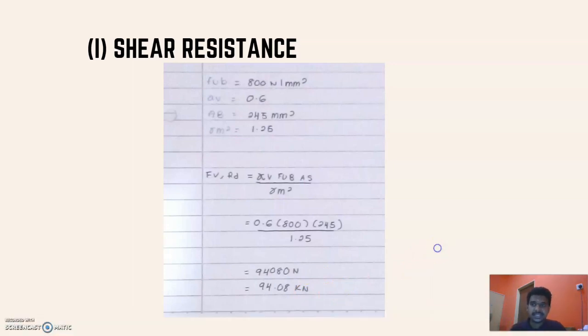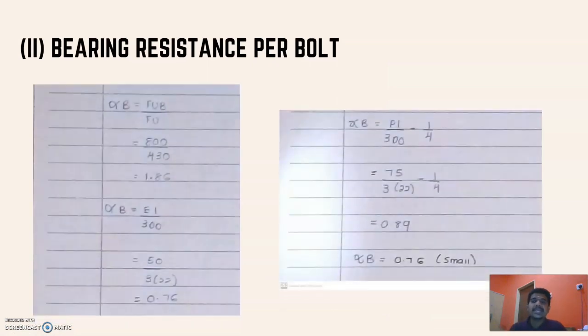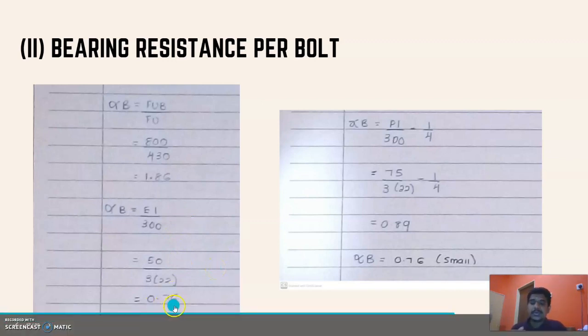After we finish shear resistance, we move on to the bearing resistance per bolt. This is the largest step in this bolted connection. First we want to get alpha b. To get alpha b, we take fub per fu, where fub is 800 and fu is 430, and we get 1.86. For alpha b, we also get e1 over 3d0. e1 is 50, and d0 is 22, gathered before from the figure, and we get 0.76.